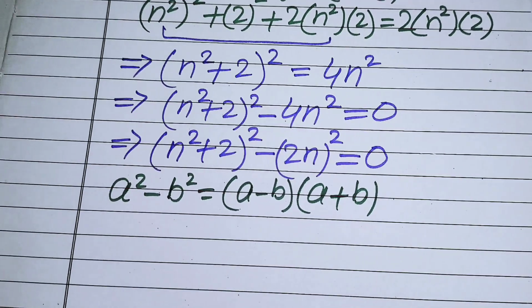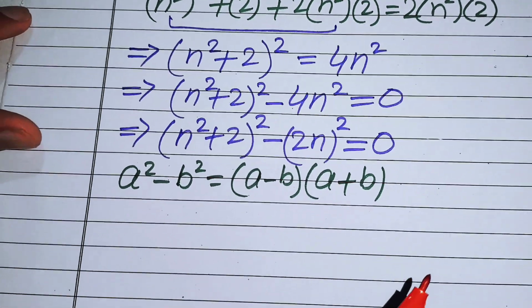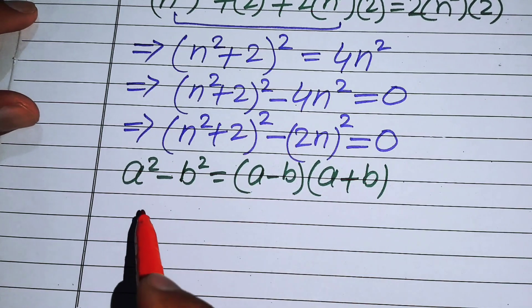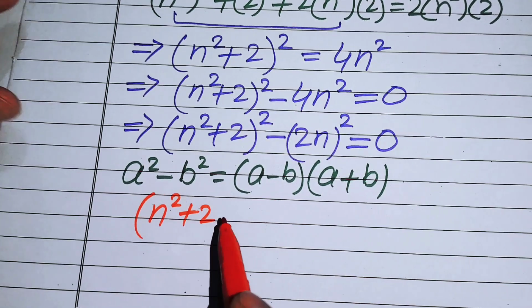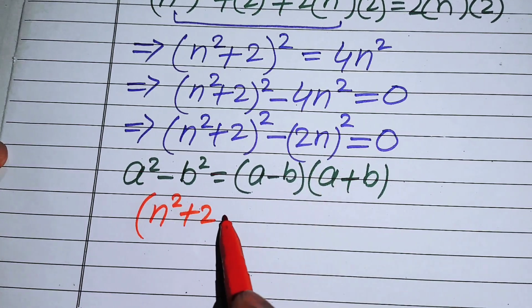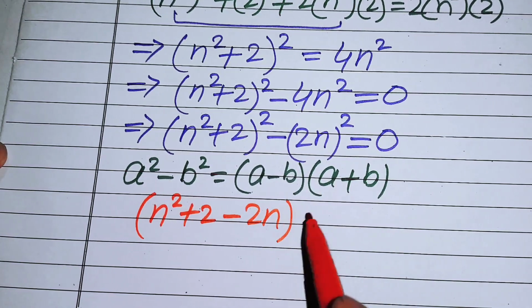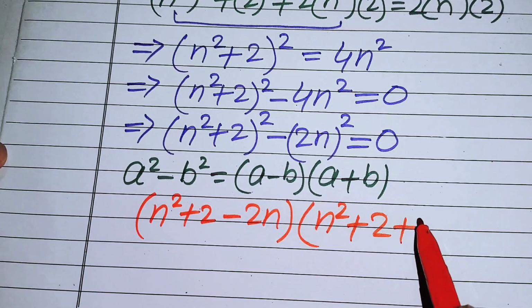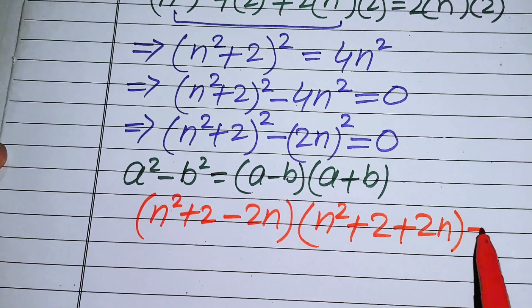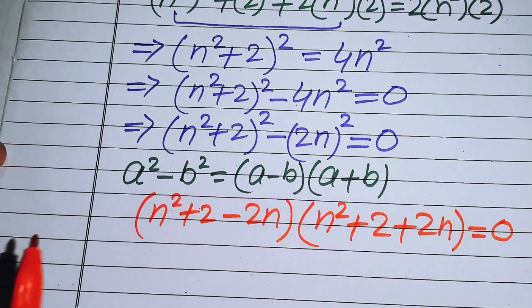So now we will use this formula. The terms will be written as (n squared plus 2 minus 2n) into (n squared plus 2 plus 2n), and this whole equation equals 0.